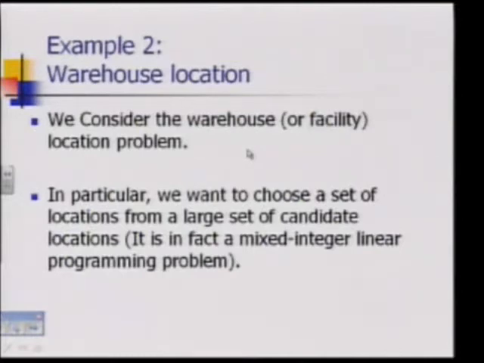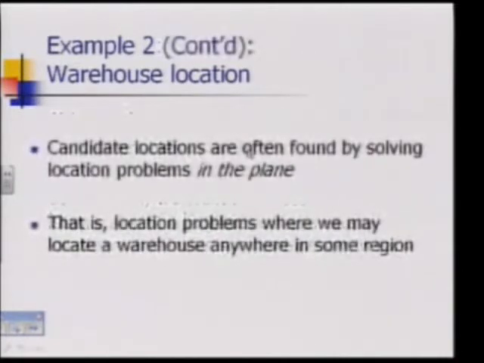What you need to do, of course, is to solve the problem in some optimal manner. And in fact, this is a so-called mixed integer linear programming problem, meaning that the objective function is linear, but some of the decision variables may only take integer values, like 0 and 1. So that's the structure of the problem.